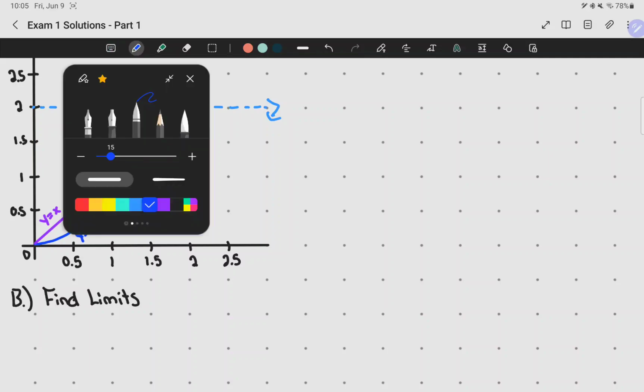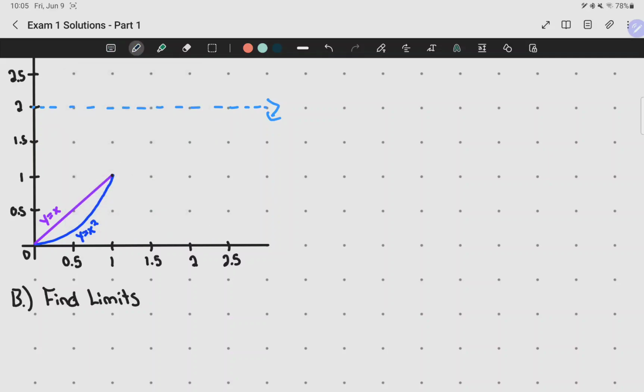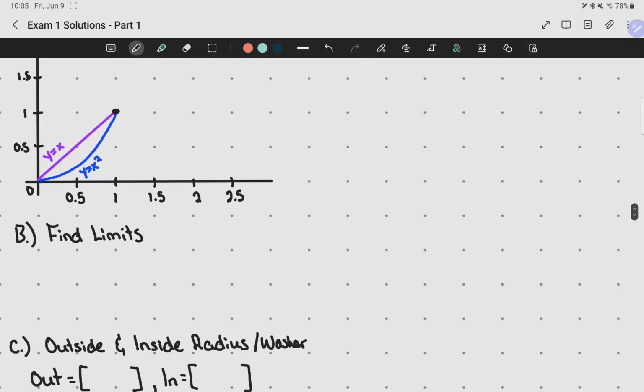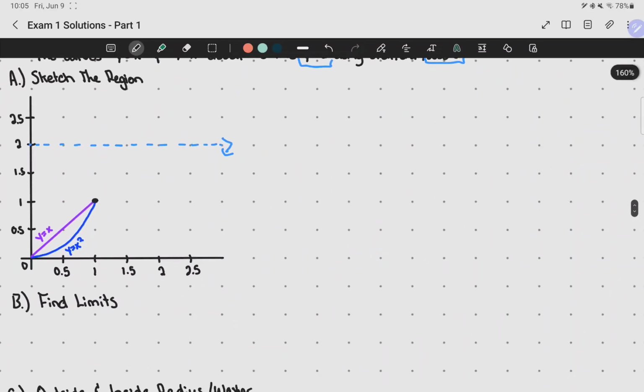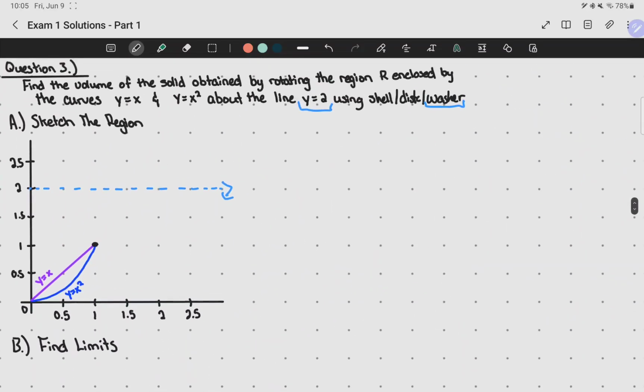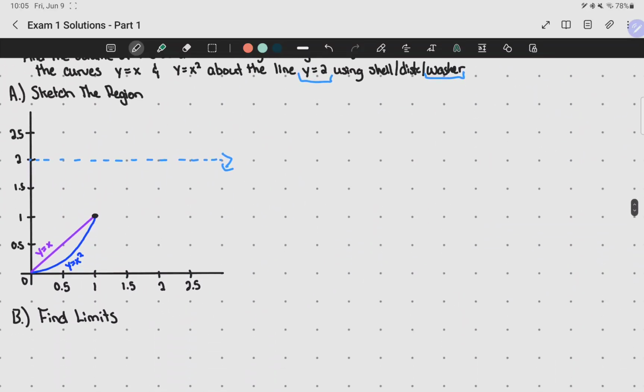And we do have a point of intersection. Now, we can kind of guess what that point is going to be, however, we're going to go ahead and find it.